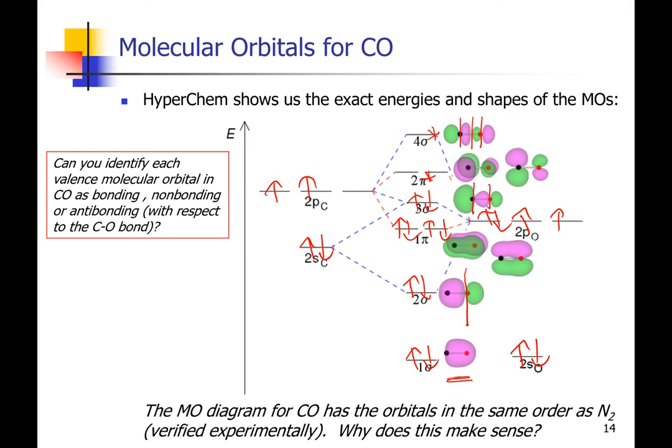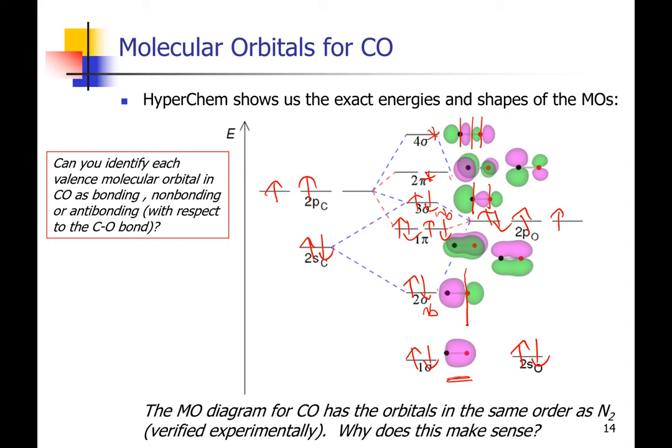When we look at the 2 sigma and the 3 sigma, again, it's a tough call because there is 1 node in that 2 sigma, but is that actually going down in the space between the carbon and the oxygen, or is that actually going through the oxygen nucleus? Because if it's going through the oxygen nucleus, then this is non-bonding. And similarly, there's some experimental evidence that suggests that the 3 sigma is also non-bonding.